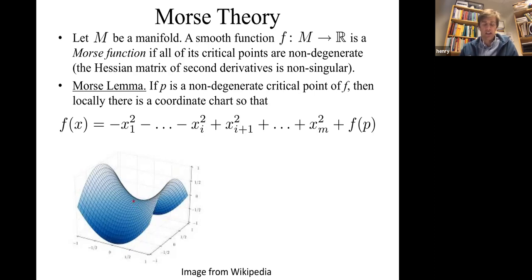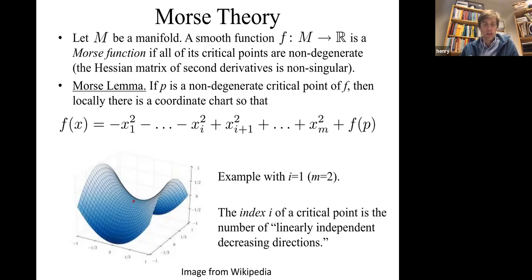And then you have another sequence of directions, xi plus 1 squared up to xm squared, where the function is increasing. So in this picture on the left, this is a function defined on 2D. We have one direction in which the function is decreasing, one direction in which the function is increasing. So i, in this picture, would be 1.